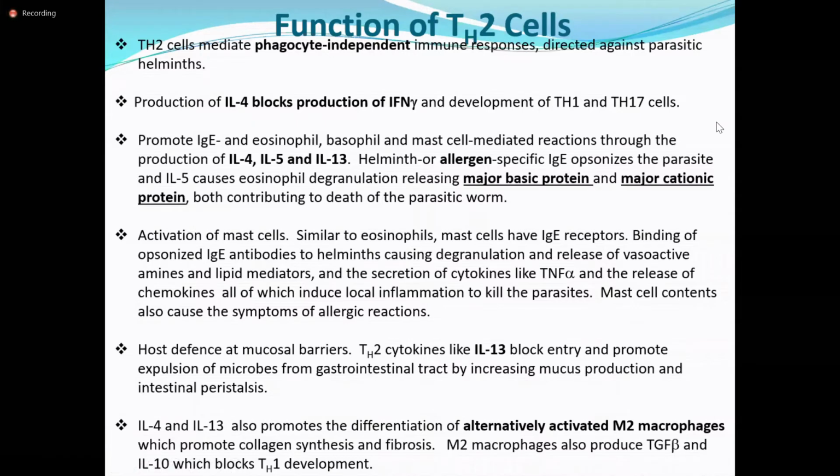This mechanism of immune response is required because these worms are just too big to be phagocytosed by macrophages. So you need these other forms of killing to deal with these large antigenic threats.